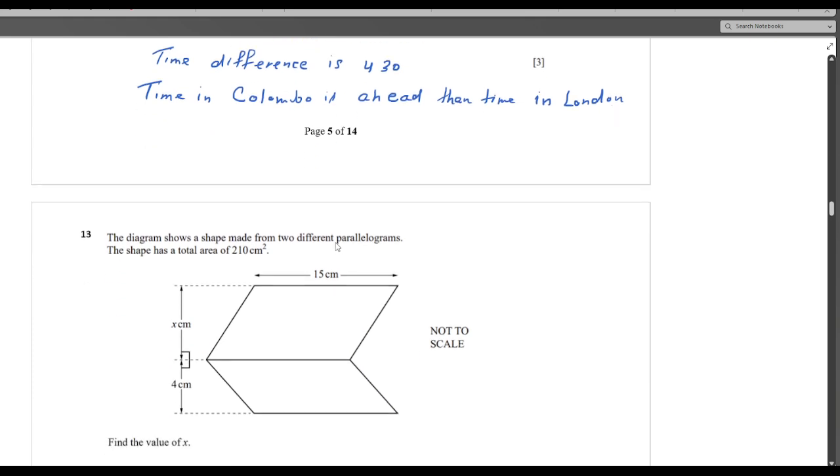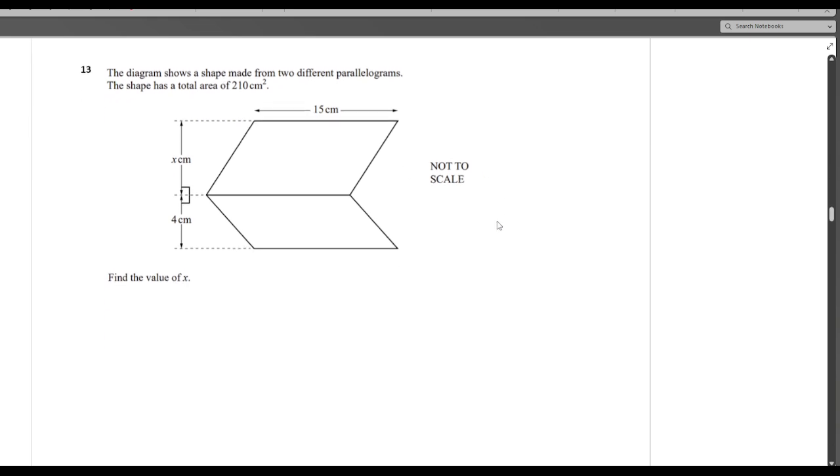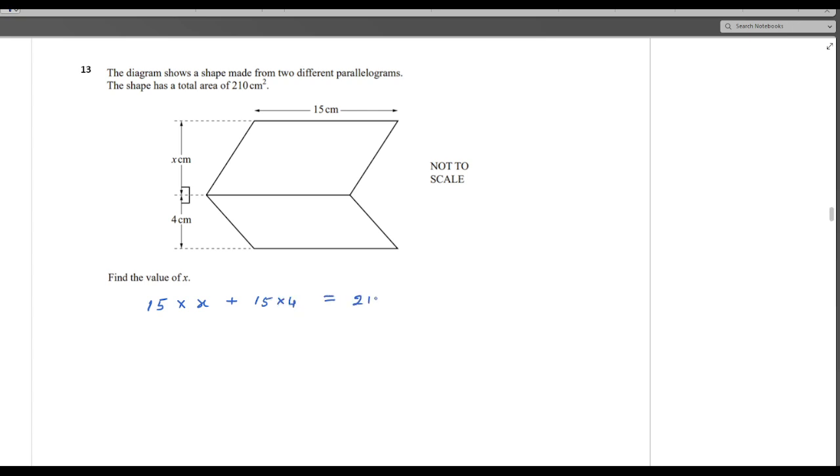Next question. The diagram shows the shape made from two different parallelograms. The shape has a total area of 210. So the area of a parallelogram is base times height. So your 15 times x plus your 15 times 4 is your 210.